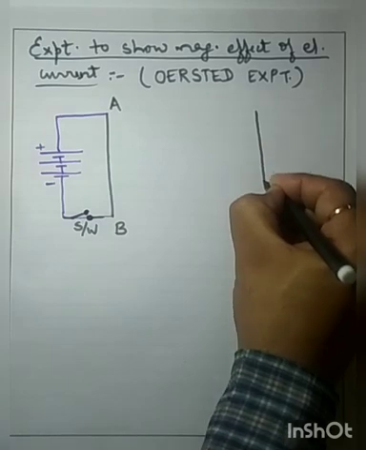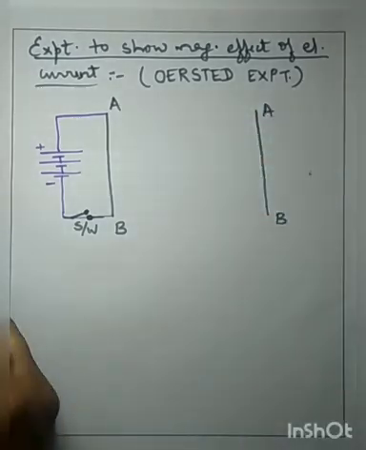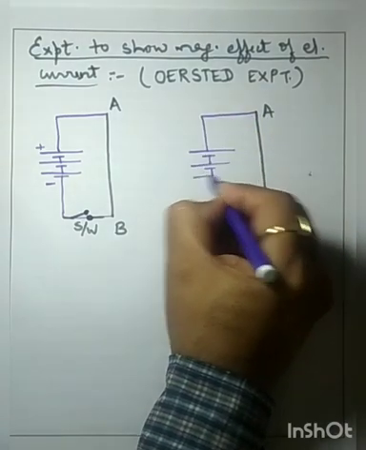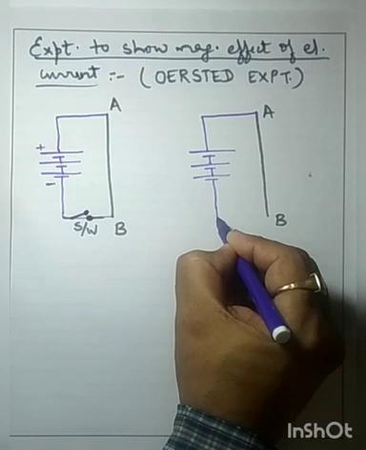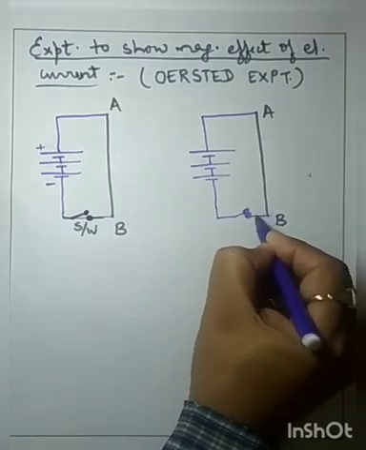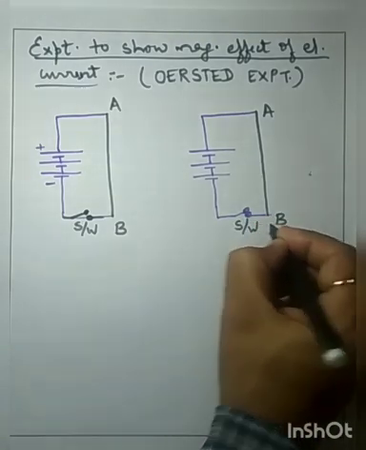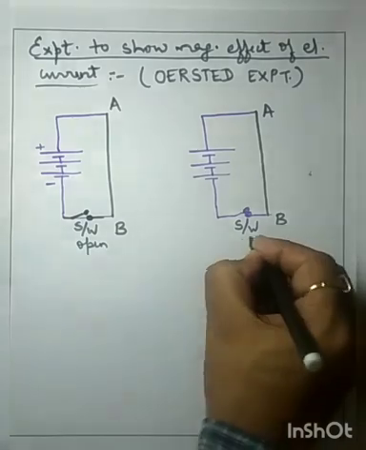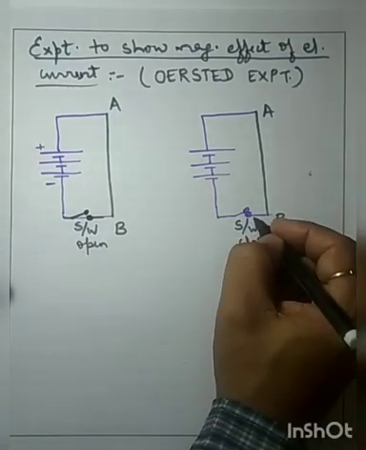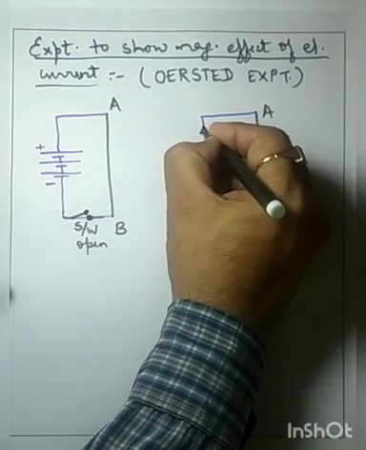Let's take another diagram, this is A, this is B, and as soon as this switch is closed, initially it was open, and when it is closed, then the current will start from the positive terminal of the battery.